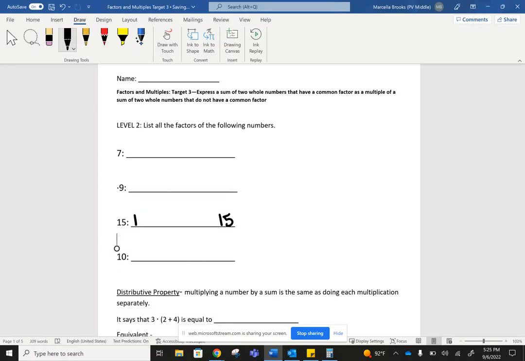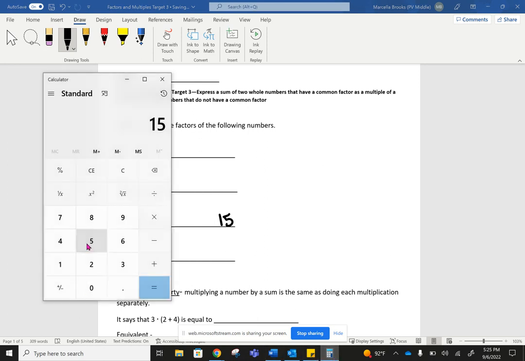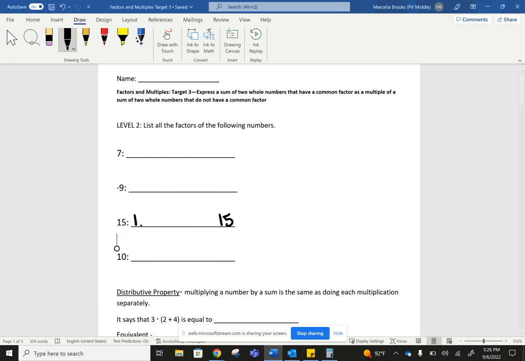You don't have to draw that line. I'm just showing you. Let's see if 2 goes in there. 15 divided by 2 is a decimal, so that doesn't work. Let's do 15 divided by 3. Ooh, 3 times 5. So 3 and 5. You multiply those together, they make 15.